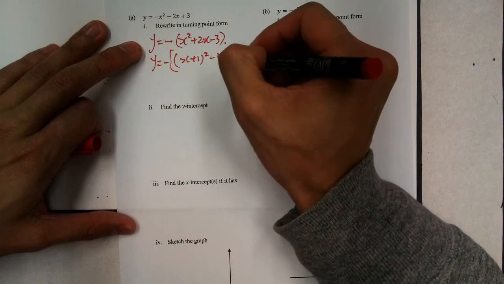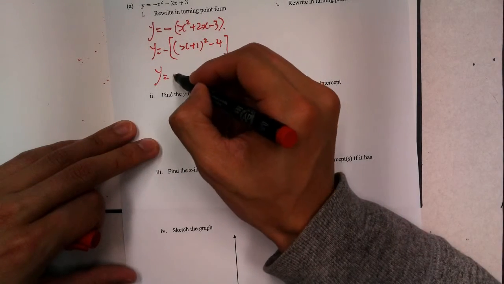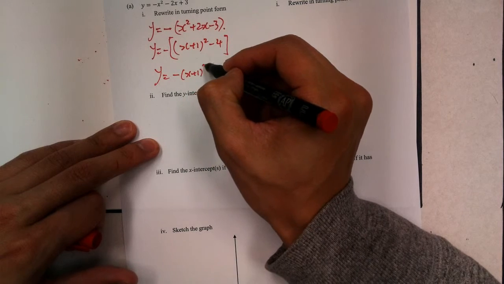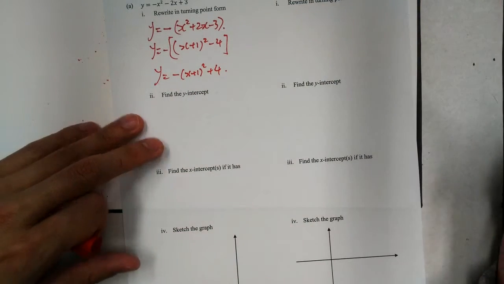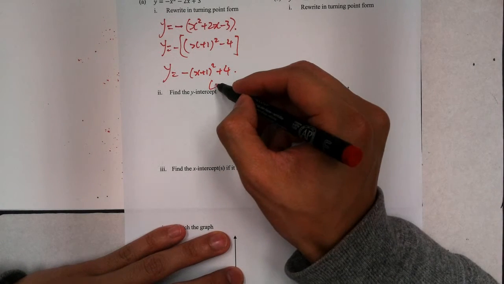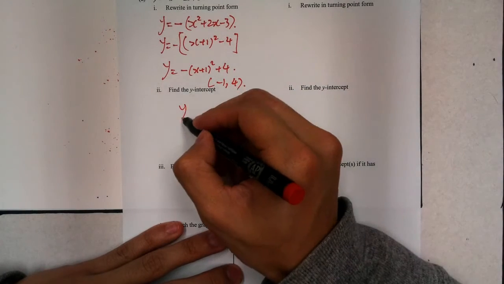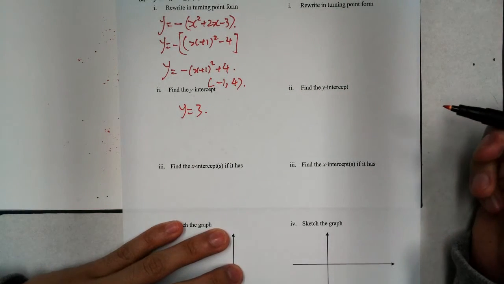And remember there's a bracket here. And then I expand the bracket. I will have negative (x plus 1) square plus 4. So now here is the turning point form. Exactly the same. The turning point would be negative 1 and positive 4. So y-intercept is 3, the same.